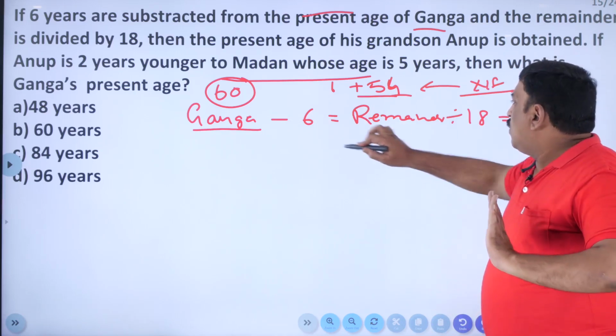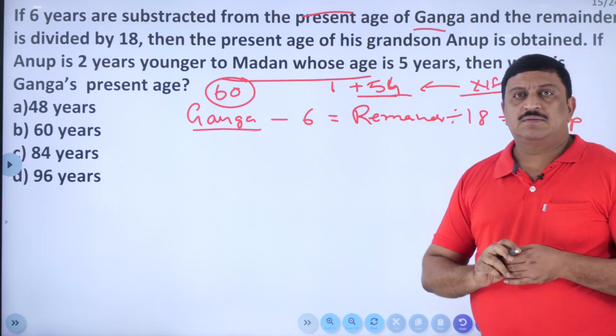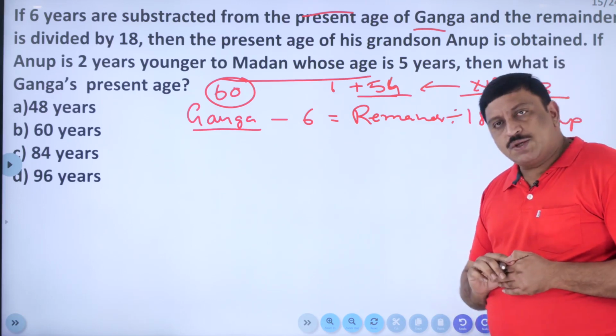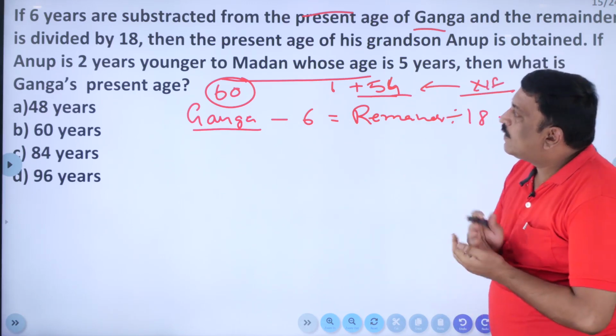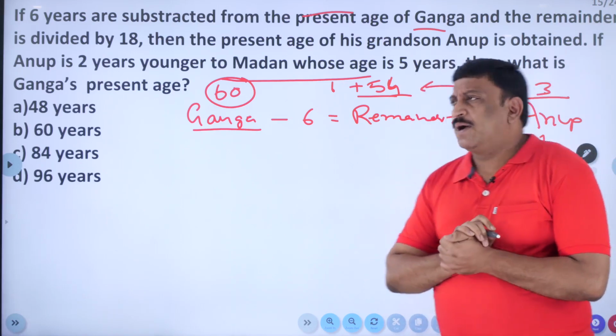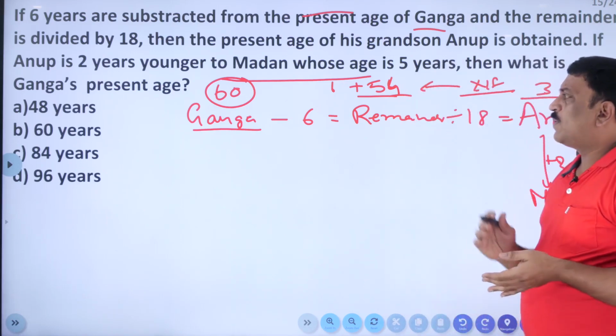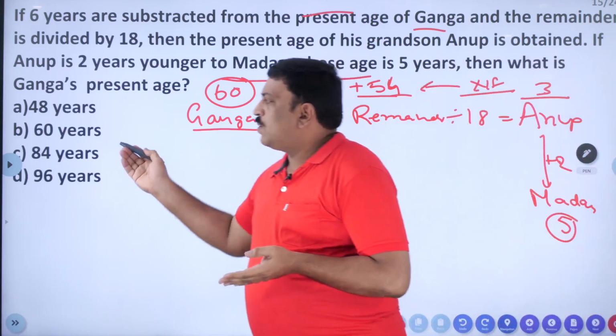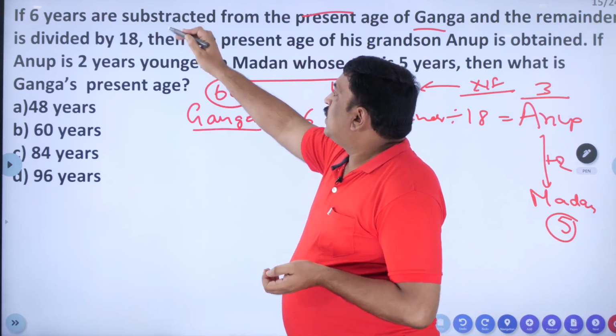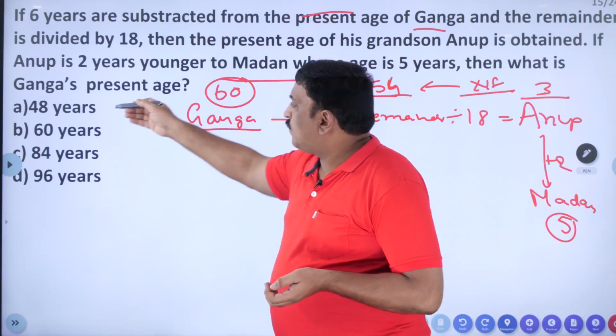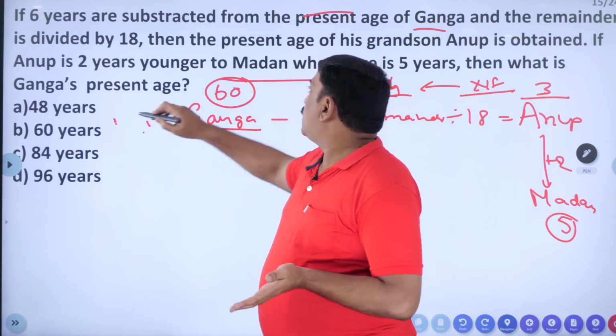So forward, backward. This is also a tracking concept. This is purely based on mental ability, and you people can do this one just by taking options also. Right? Here 6 is subtracted, means 48 minus 6, let us start, that is 42.